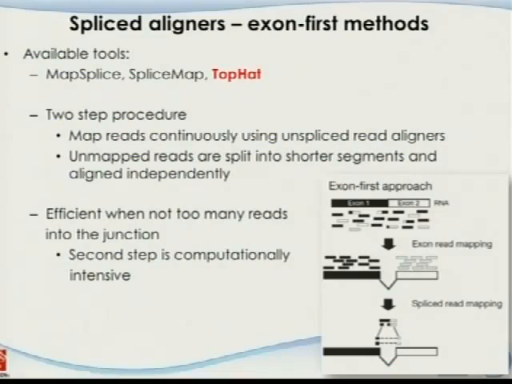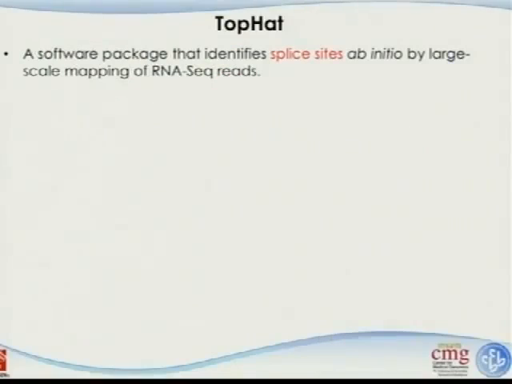And the good thing about this approach is the efficiency when not too many reads are across the junctions. The second step is computationally intensive because you have to break all the remaining reads into smaller pieces and then separately do alignment. And you can miss reads across the exon-intron junctions because of this type of alignment.